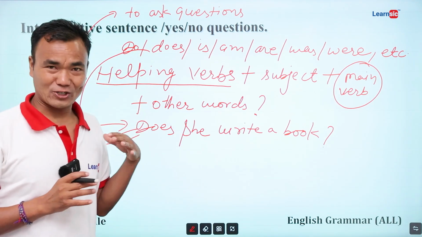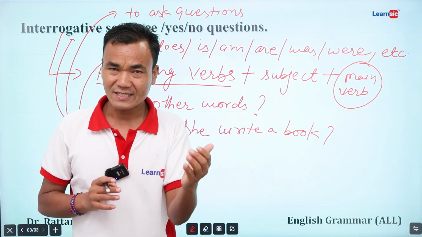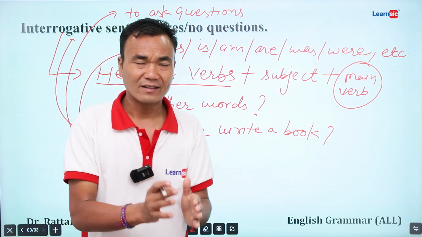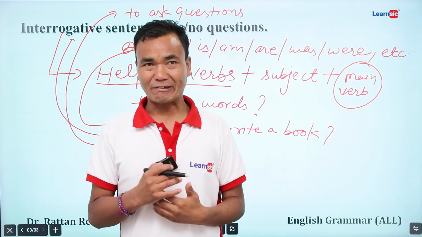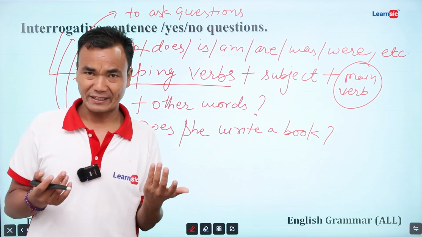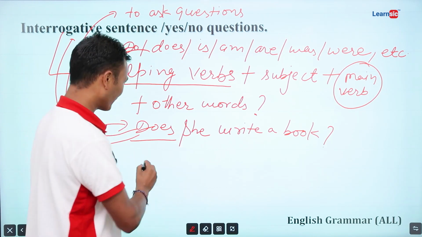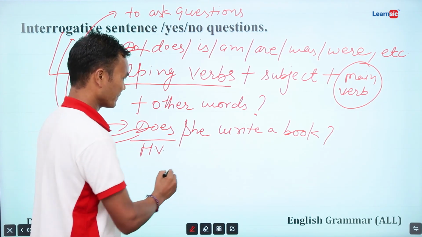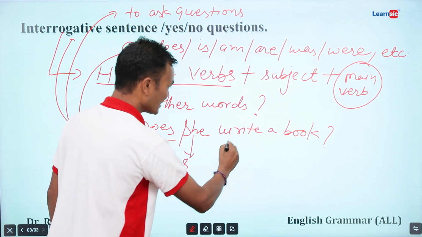And what is the structure? First, what is an interrogative sentence? Second, what is the function? And third, what is the structure? What is the pattern, what is the formula of our interrogative sentence? So you can surely say that does is a helping verb, because HV stands for helping verb. Now she stands for subject, right?